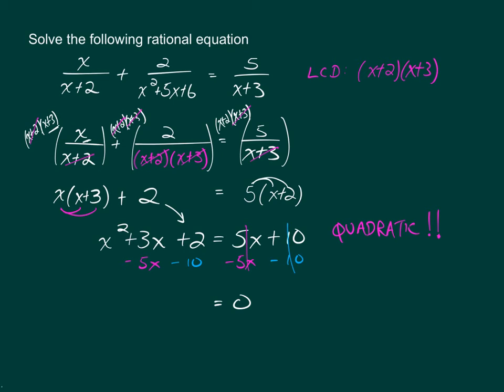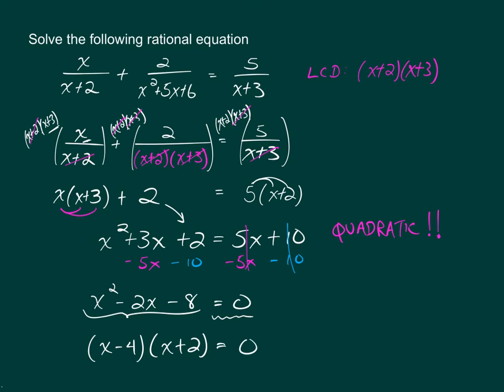And on the left side, we are left with x squared minus 2x minus 8. Now that we have this 0 here, we can factor the left side into x minus 4 times x plus 2. And that will equal 0.